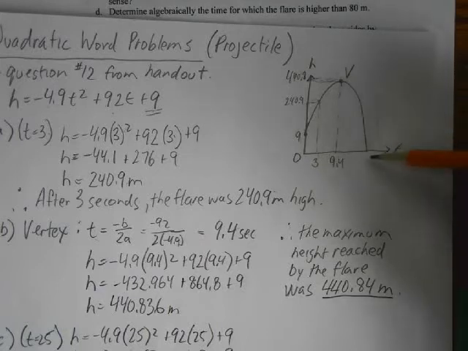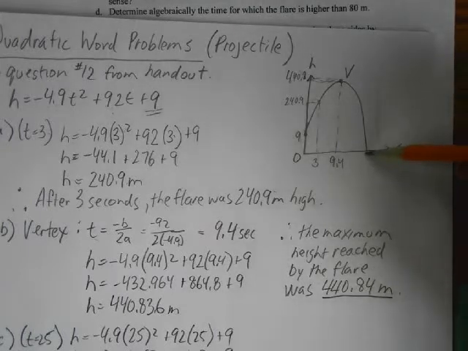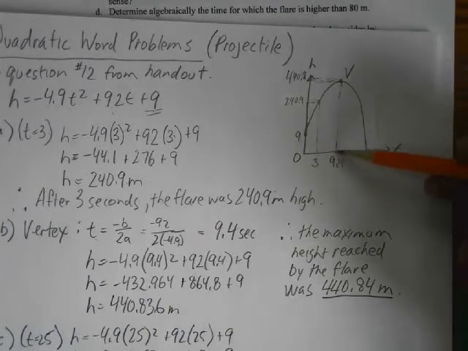It just knows, okay, where's the parabola at t equals 25, and it's like way down here.